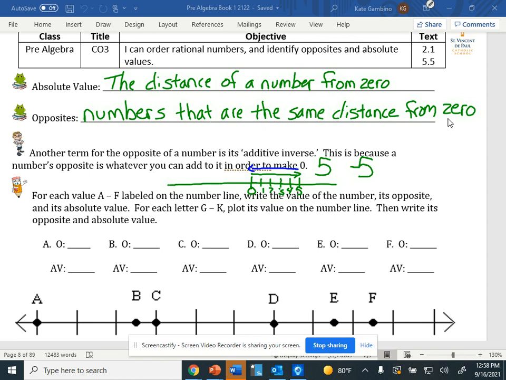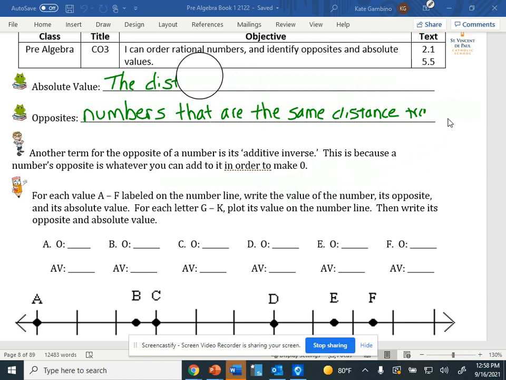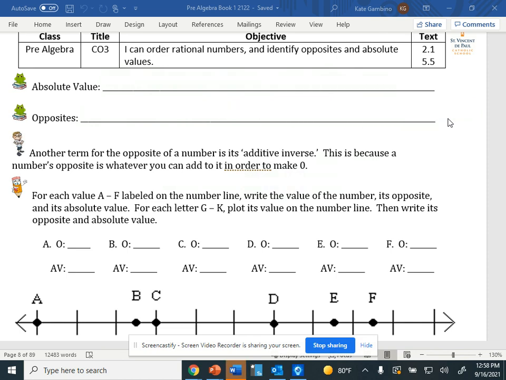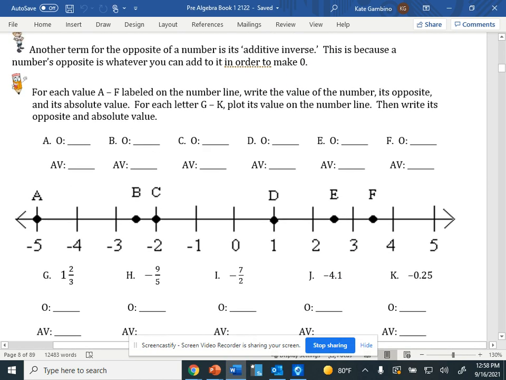So let me erase this so I can move it up. For each value A to F labeled on the number line, so we have a number line down here, you can see that 0. Write the value of the number, its opposite, and its absolute value. So let's look at this first one.